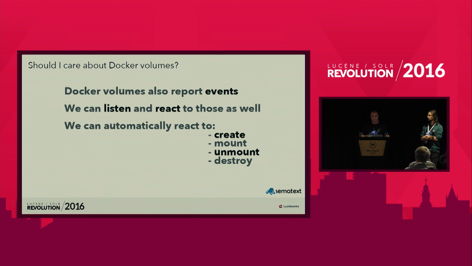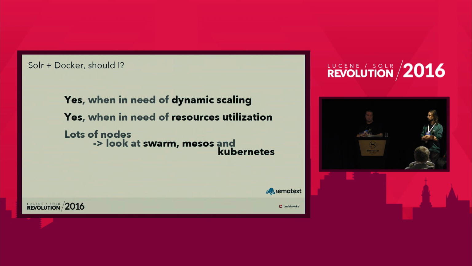And as a last slide, almost the last, should you use Docker? Yes. When? When you need scaling. If you run one Solr on a bare metal machine, don't bother, because it's still something on top of the bare metal. You still need the Docker engine. It's still a bit slower, although as we mentioned, performance will probably go up in the future.